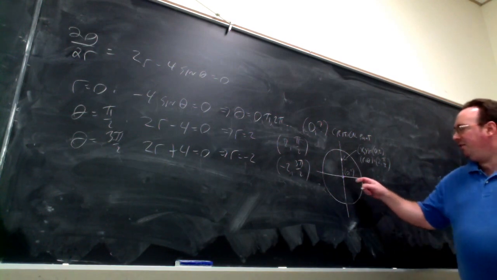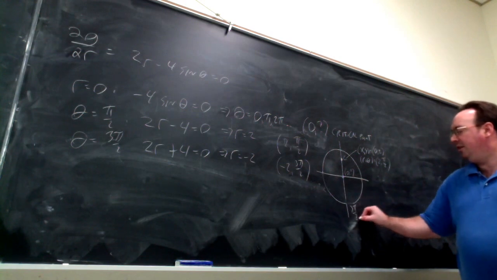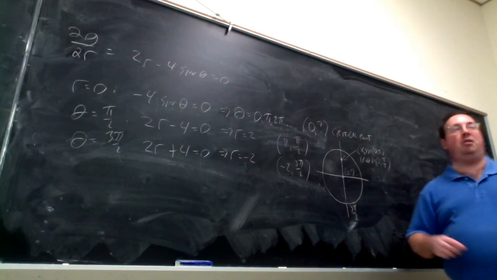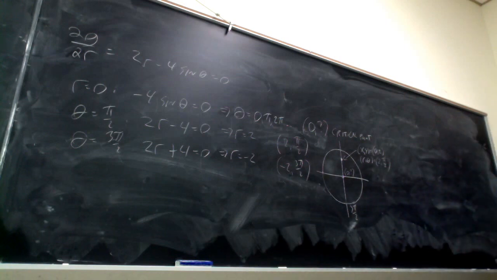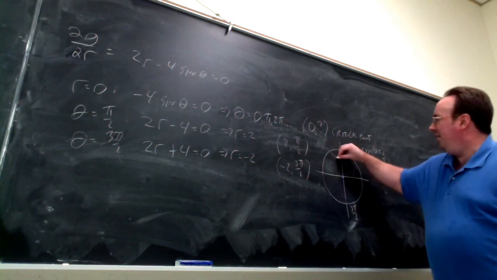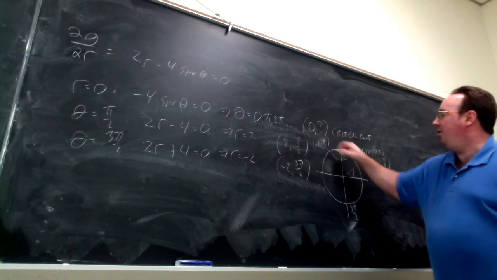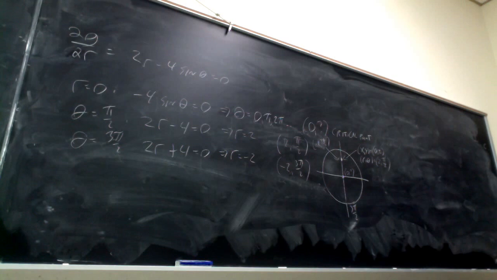Because the angle, 3 pi over 2, that's down here. And normally r refers to distance from the origin, but what do you do when a distance is negative? Go backward. Yeah. It's the same point. Yes, it's just the same point again. So this is also minus 2, 3 pi over 2. So we really only have 2 distinct critical points. So these are candidates.